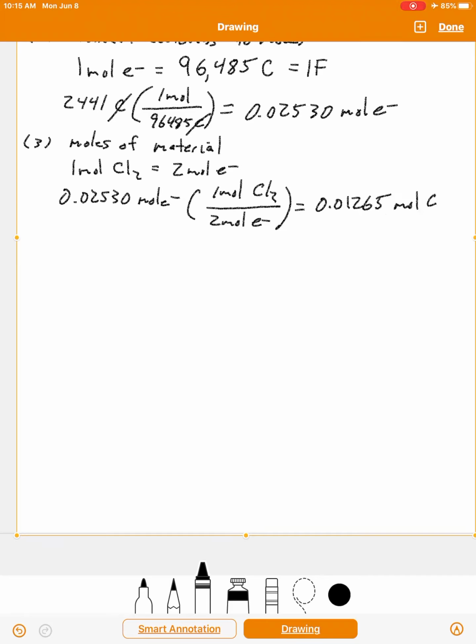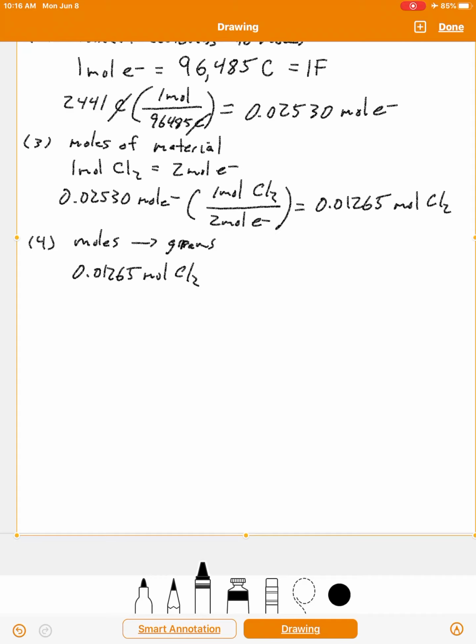moles of chlorine gas. Now, if we want to convert that to grams, moles of the matter to grams of the matter, that would be true for either one. We're doing chlorine first. So 0.01265 moles of chlorine. How do you convert something, if you have the moles of it, to grams?